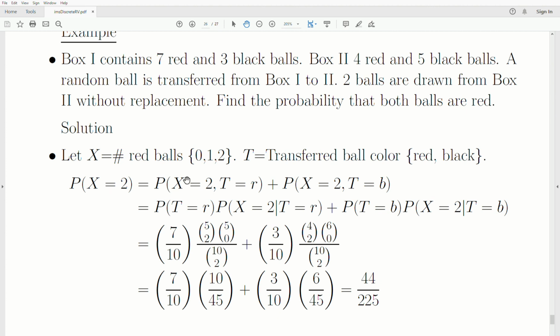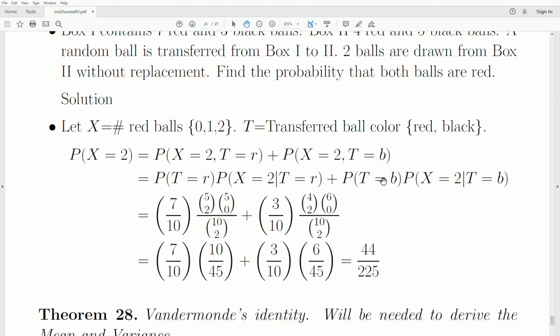That's equal to the probability we draw 2 red balls given the transferred ball was red, plus the probability that we draw 2 red balls given the transferred ball was black. We use conditional probability on these: probability T equals R times probability X is 2 given the transferred ball was red, plus this conditional probability. Now let's go through these.